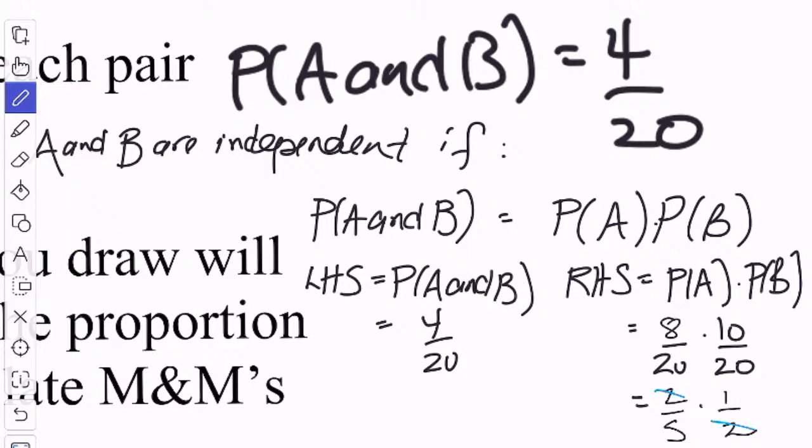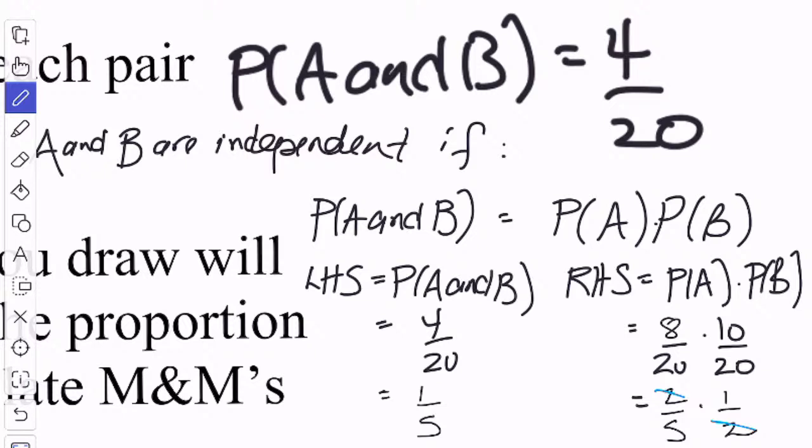Did I do something wrong? Nope, that's right, because if I simplify this one here, this is 1 out of 5.